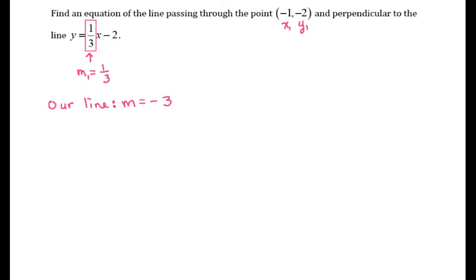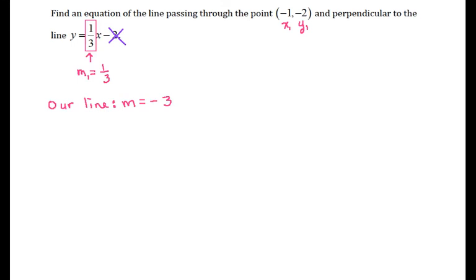Now, what we need to remember when we're doing a problem like this is that we don't really care what the y-intercept was of the line that we were given. Sometimes we feel so attached to the information that we have, or maybe we had to work for it, like we had to solve this for y and get it into the form y equals mx plus b.